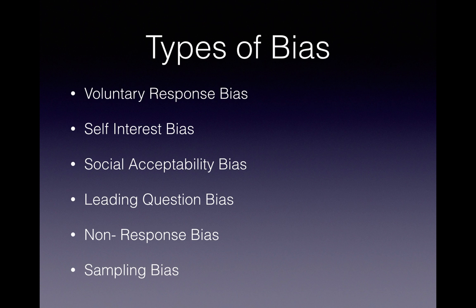Or maybe I ask you about a controversial topic. Hey, what is your stance on abortion, or what is your stance on gay marriage? You may not want to answer by the way that you feel, just because you are afraid of possibly the repercussions, or possibly the way that I may view you. And so that creates that social acceptability bias.